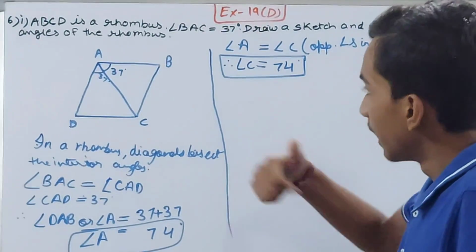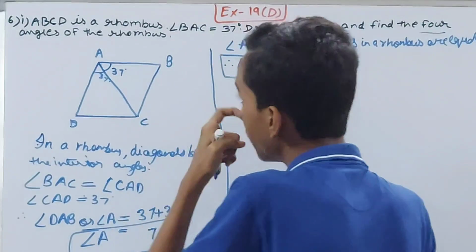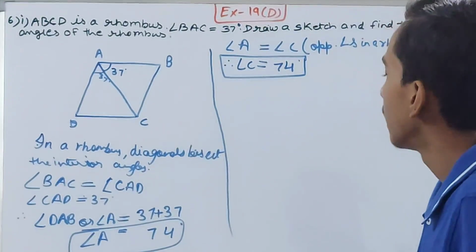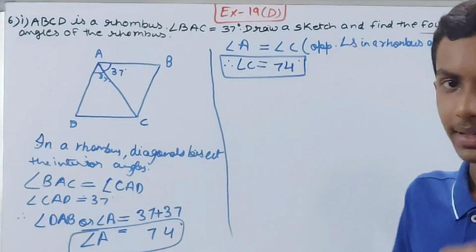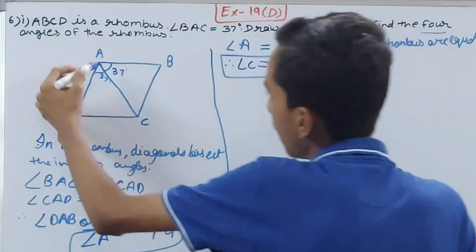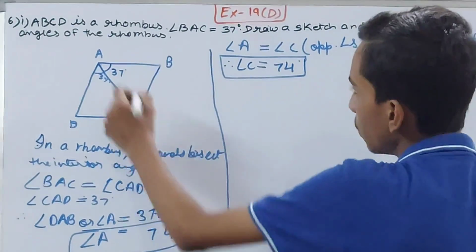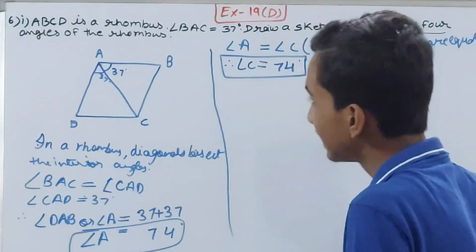Now look. So you have angle A, you have angle C. If I find angle ACB, then I can use the angle sum property.